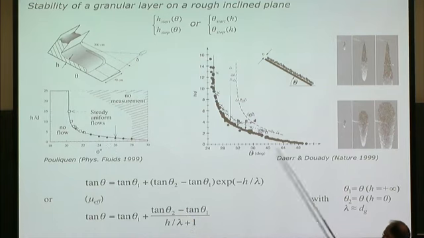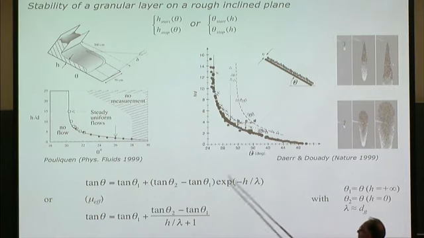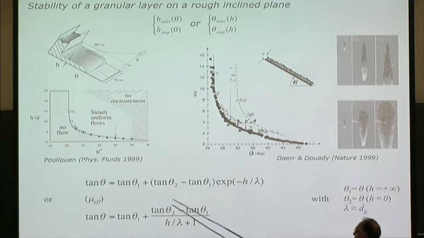So both curves can be modeled by empirical laws. There are many empirical laws, but I will just show you two of these classical laws that contain three parameters: theta 1, theta 2, and lambda.